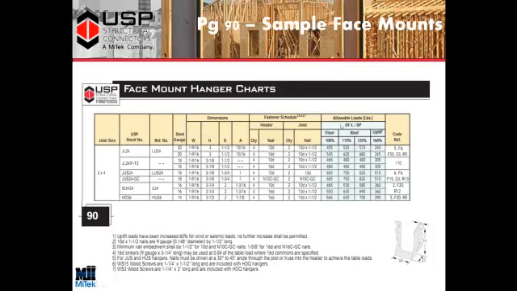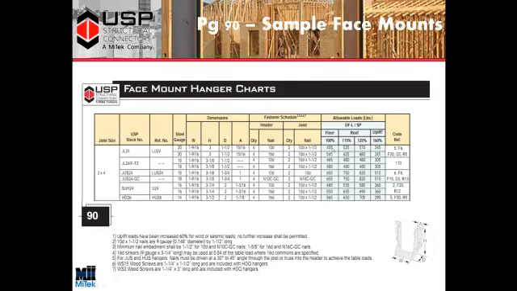All right. The load here is broken down into floor, roof, and uplift. These are different values that the hanger has for holding a joist or a framing member in place.